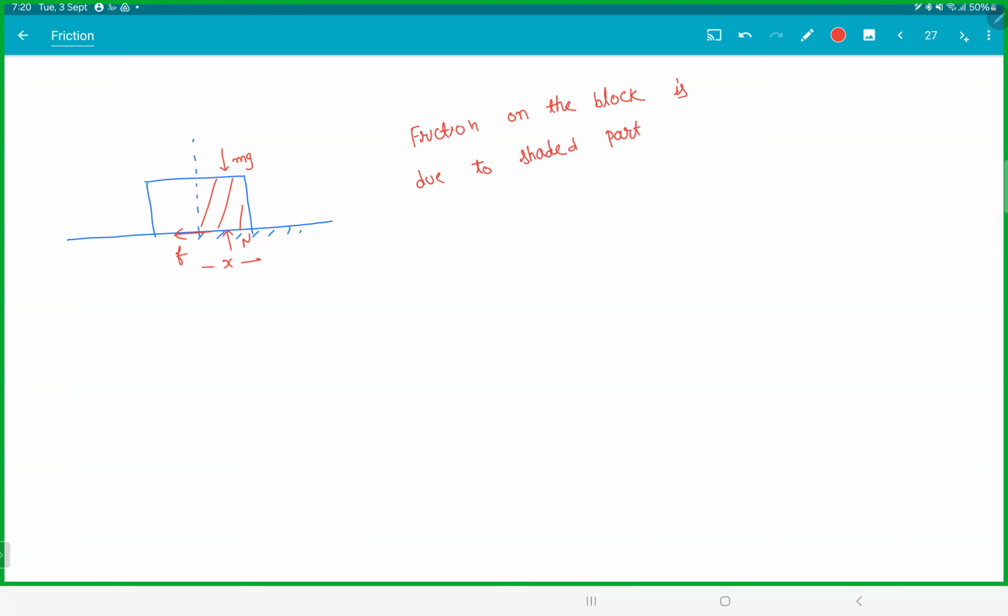So how do we do that then? I hope everyone figured out this part. As the block enters more and more, the friction will increase because more and more surface is becoming rough. So you directly can't say F is equal to mu mg. Think, take a minute.